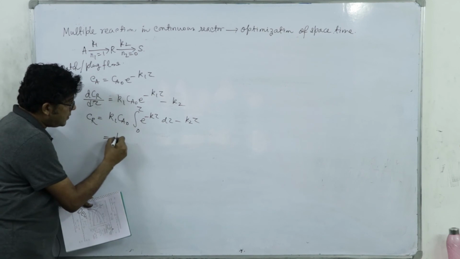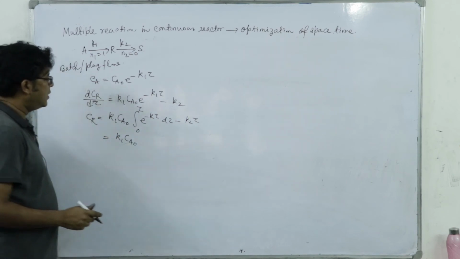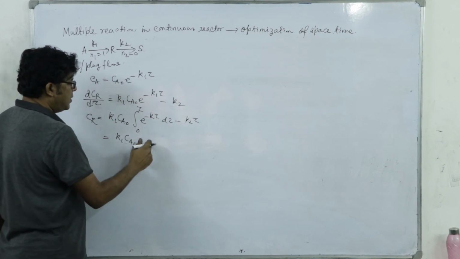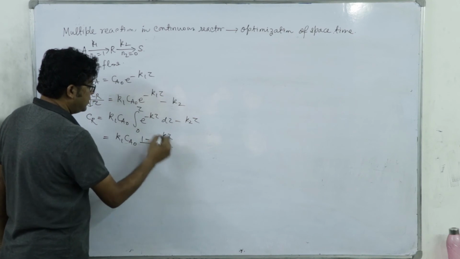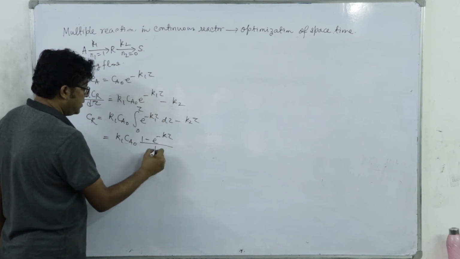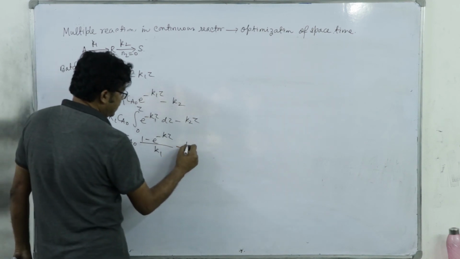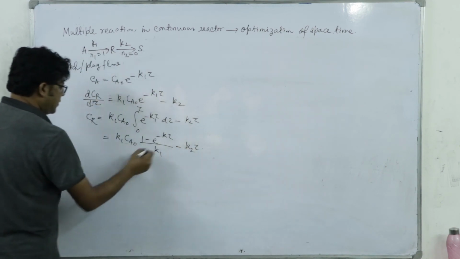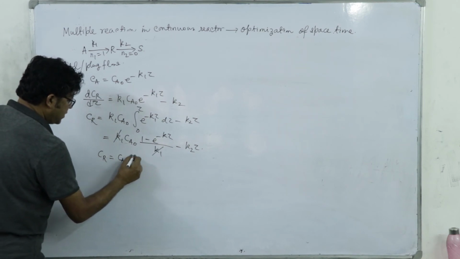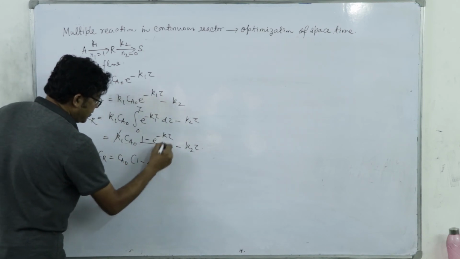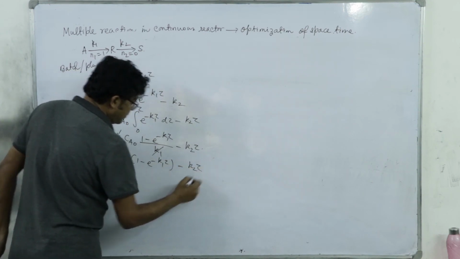So K1 Ca naught here, e to the power minus k1 tau by minus k1, so 1 minus e to the power minus k1 tau, divided by K1, minus K2 tau. So this cancels out, so we get Cr is equal to Ca naught into 1 minus e to the power minus K1 tau, minus K2 tau.